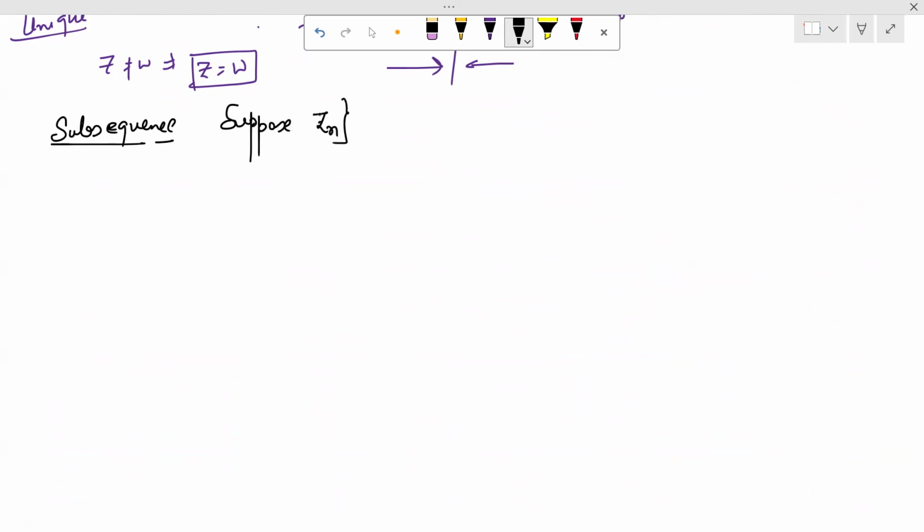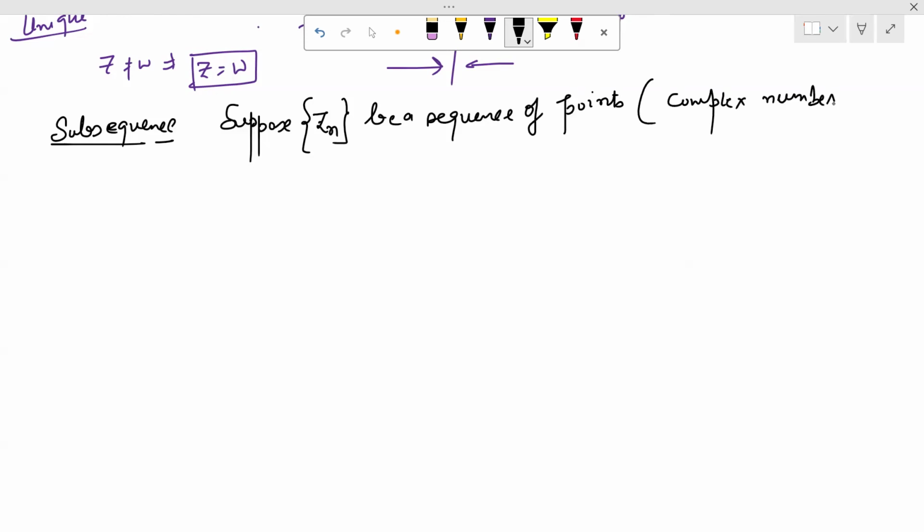Suppose Zn is a sequence of points, that is complex numbers, complex numbers in C, and that nk is a strictly increasing sequence of natural numbers.